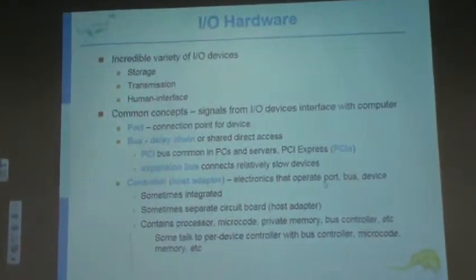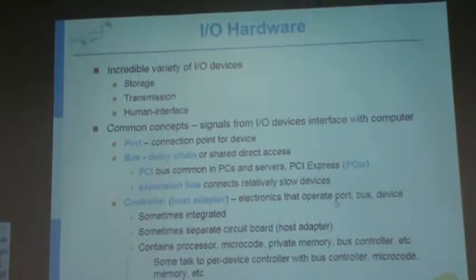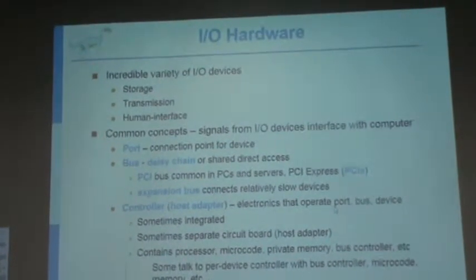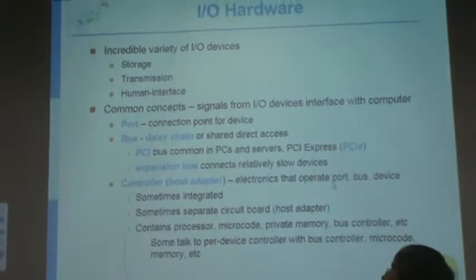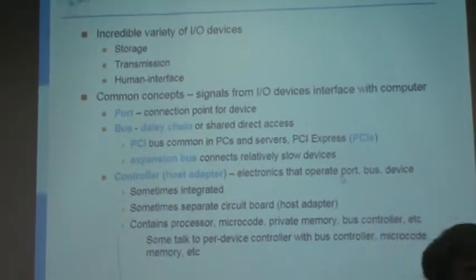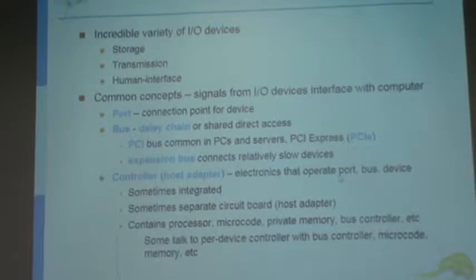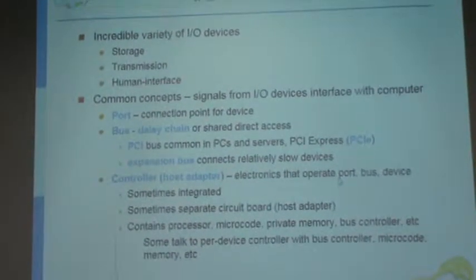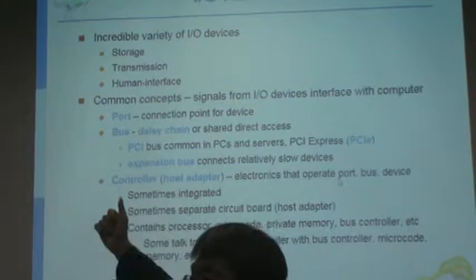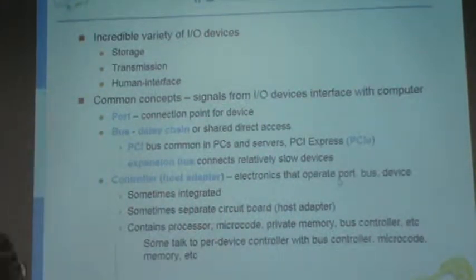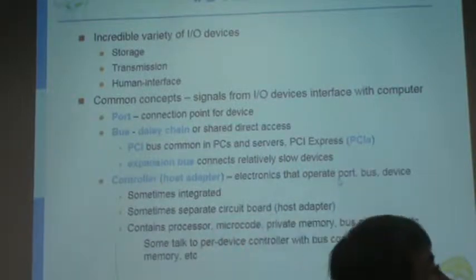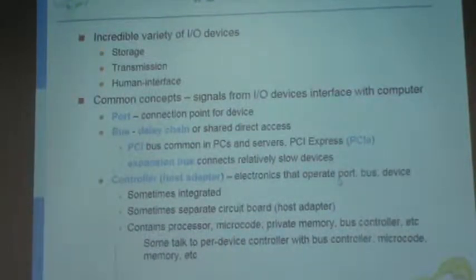So first, hardware. What kind of hardware do we have? There are three main parts that I already discussed. By the way, storage is not the only I/O device, as I said. There is also transmission, like the bus, such as the SCSI bus, which is a control bus, the PCI bus or the PCIe bus.